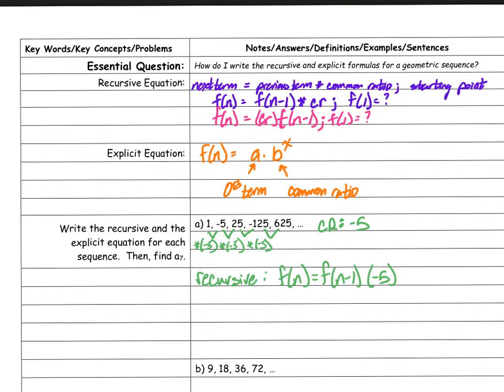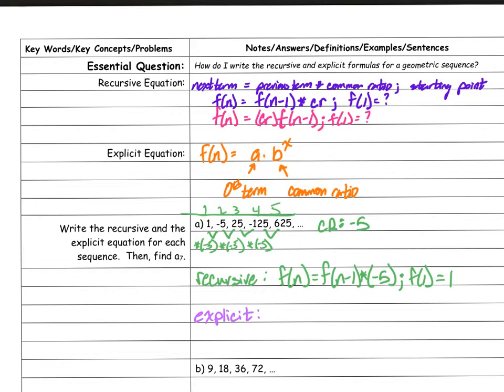Okay? I can put my little star in there if you need it. So I'm multiplying by -5. And then I say f of 1. What's my first term? If we go back to my sequence, I've got 1, 2, 3, 4. My first term equals 1. Okay? That's it.